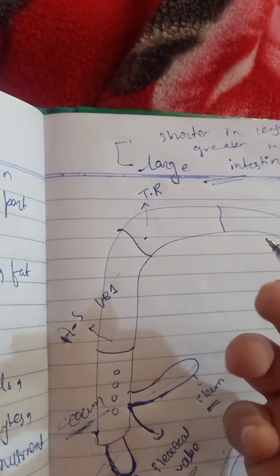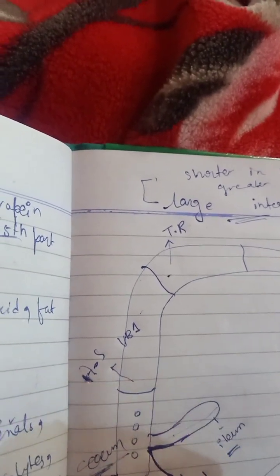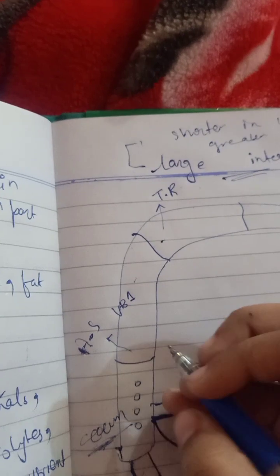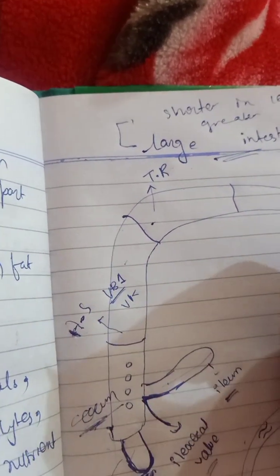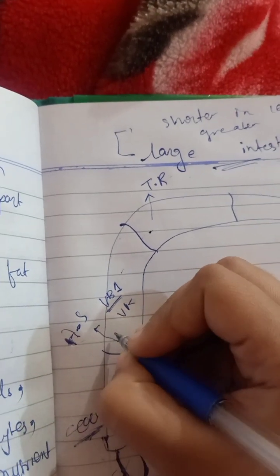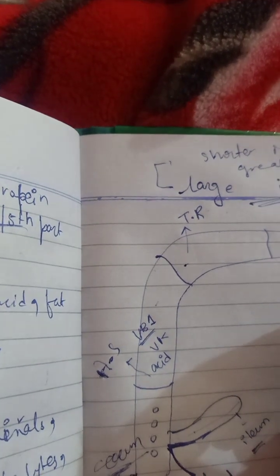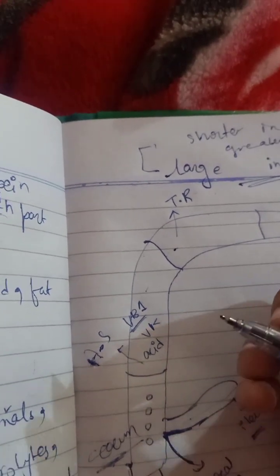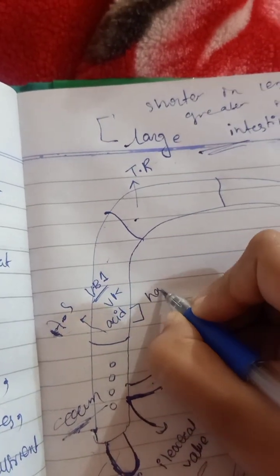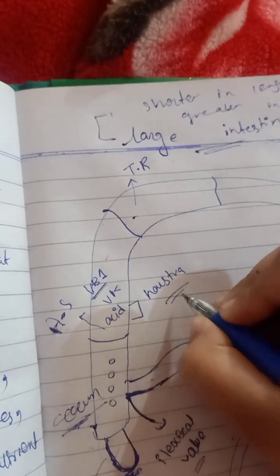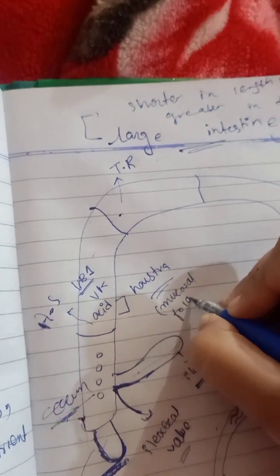B12 is reabsorbed, as well as vitamin K and some acids. This was the ascending colon where reabsorption occurs, and here we have haustra. Haustra are mucosal folds.